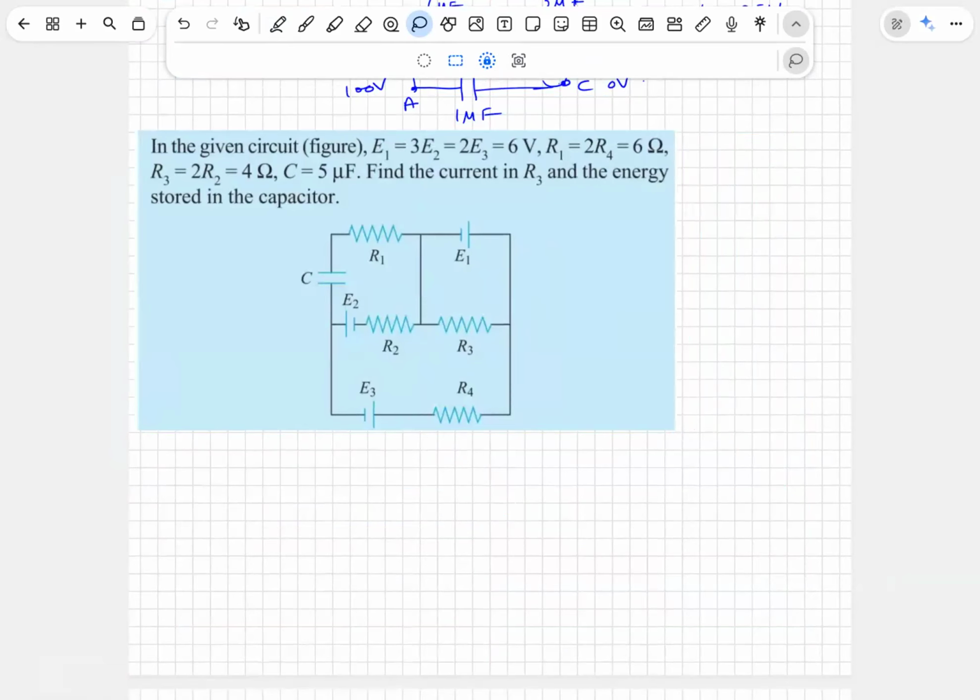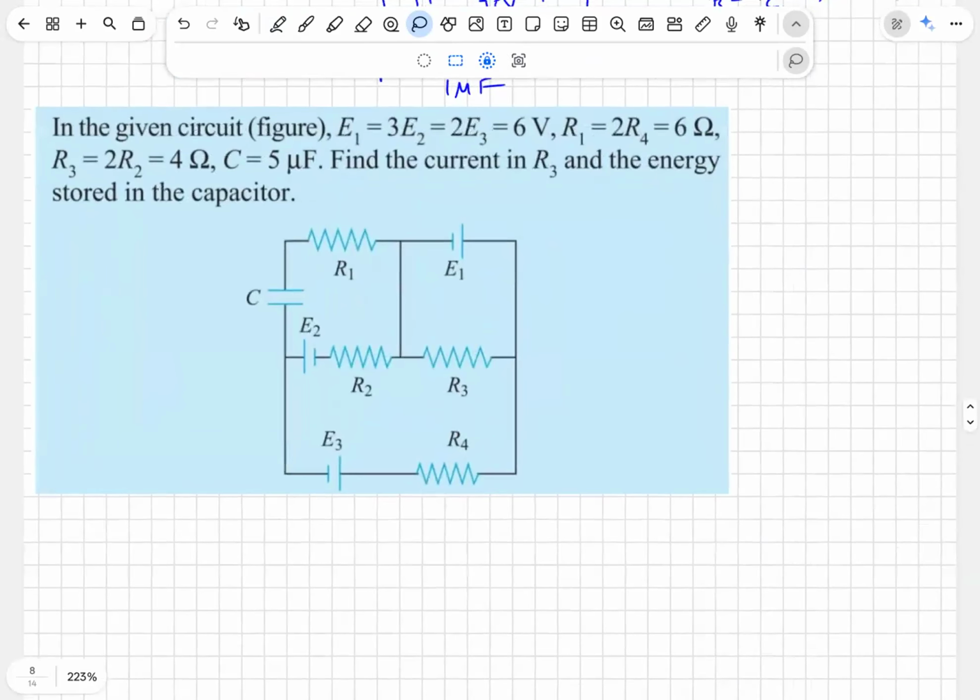Unless or until mentioned, generally we will take it as steady state. In the given circuit, E1 is 6 volt, E2 is 2 volt, E3 is 3 volt.